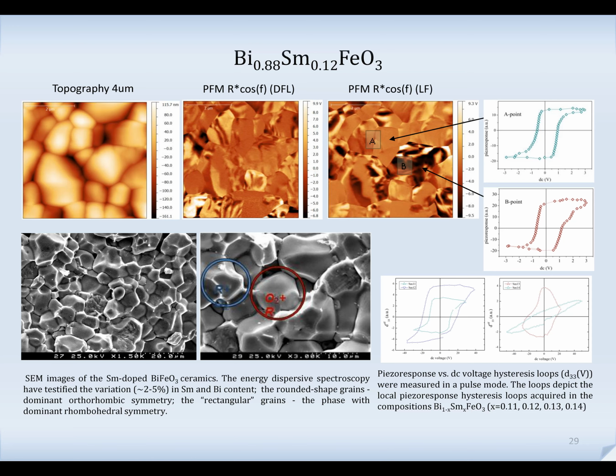But if you do poling of some area, maybe it will be clearer to see. Maybe some grains will not switch. It's a bit tricky, and you have to be careful with polishing because you induce mechanical stress in the surface layer. When you have a chemical composition close to the phase boundary, which is very sensitive to any external stimuli, also mechanical, you can modify it, and it's not the real situation.